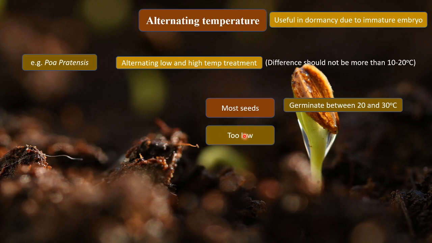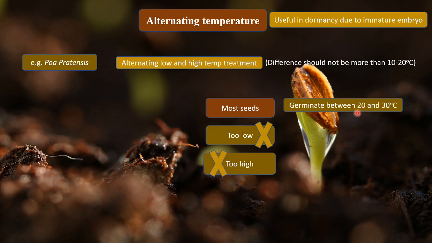So too low a temperature is also not good, and when the temperature is too high, that is also not good, because that will again lead to a decrease in seed germination, right? So both of these are not correct. If you provide too low a temperature, then the seed will not germinate, and if you provide too high a temperature, then also the seed will not germinate.